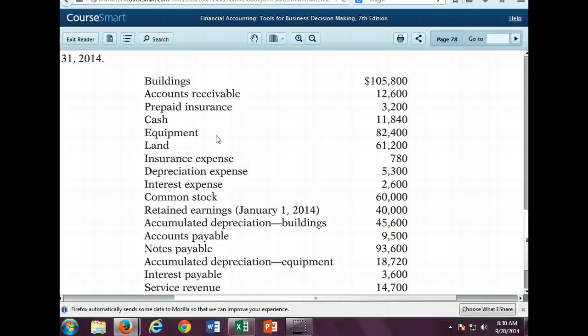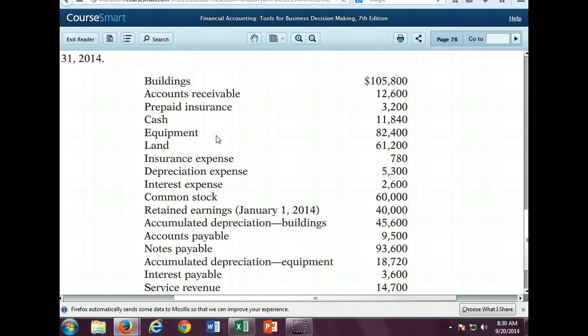So what we need to do is combine the property, plant, and equipment together. Now, the one piece that maybe some of you got confused on: those accumulated depreciation accounts are contra accounts, so they need to go against the equipment or the property.